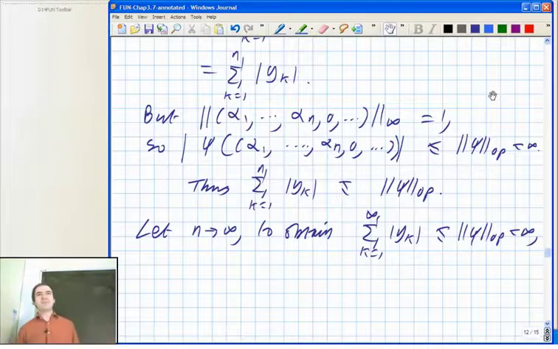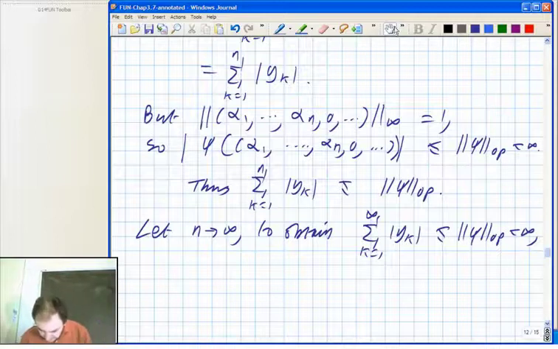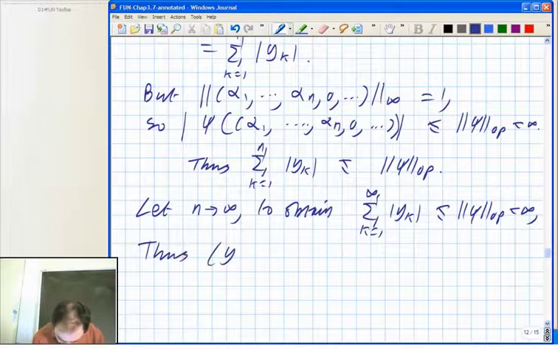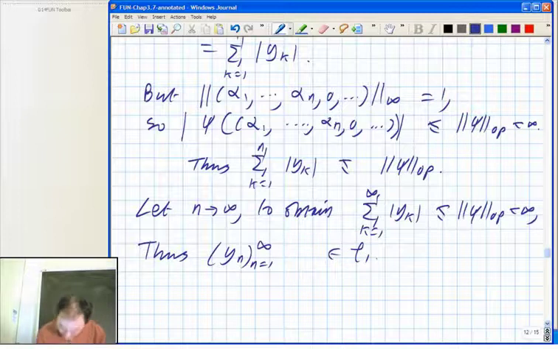And yet, there's a subtle difference between what you did this time and what you did last time. So, obviously, there's a lack of economy here, and you can combine those two steps, but only if you're careful. So that means that the sequence yn, n equals 1 to infinity, is in little L1.